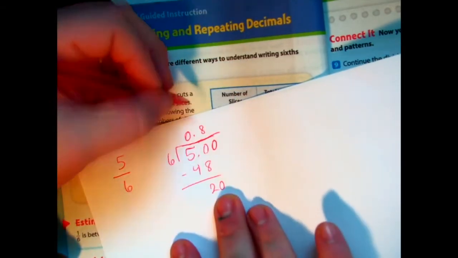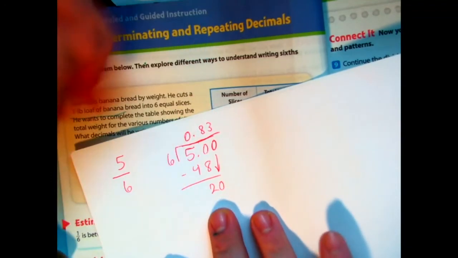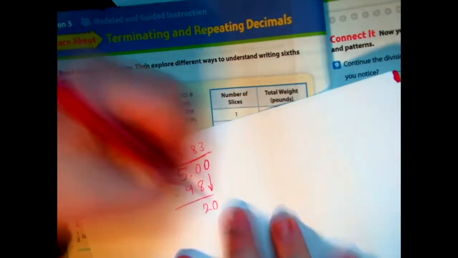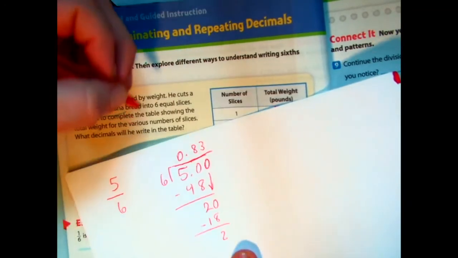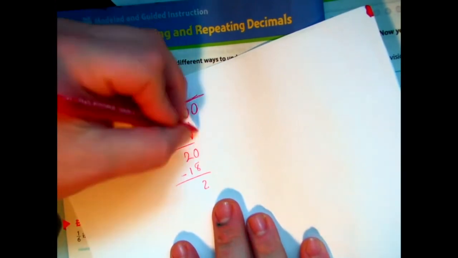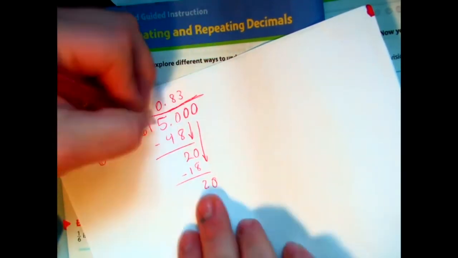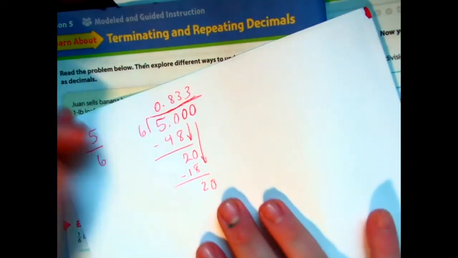I need to put a placeholder here in the hundredths place. 6 can go into 20. How many times? 3 times. So I have 6 times 3 being 18. 20 minus 18 is 2. I have to put a 0 in the thousandths place. Bring that 0 down. How many times can 6 go into 20? 3. We're going to have that pattern here as well.